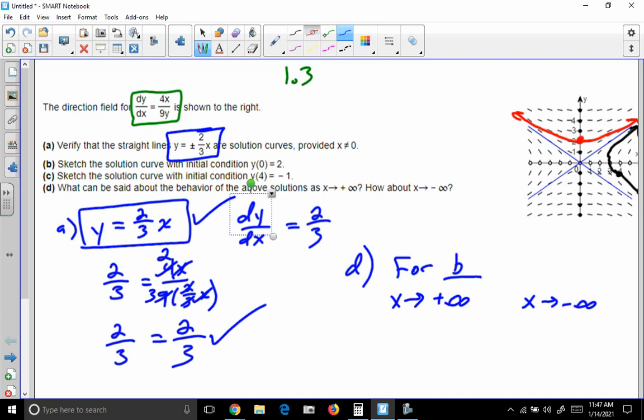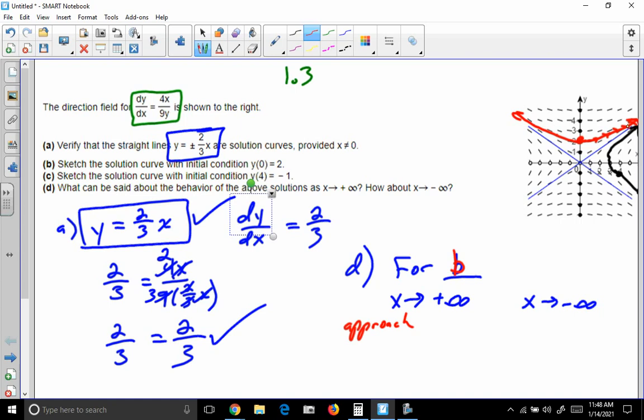So if we look at the curve of our solution for B, as x goes to positive infinity, so as we're going to the right, then our curve is getting closer and closer to that line. So as we're going to positive infinity, we approach that line, and that line comes from these two straight solution curves that were drawn.